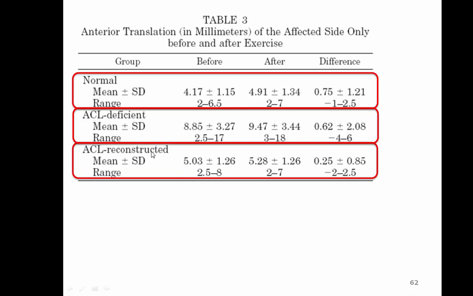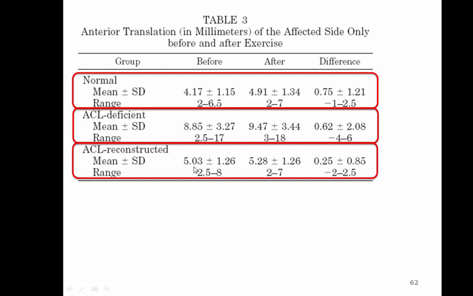For the participants in the ACL reconstructed group, when we compare the ACL deficient pre-exercise with the ACL reconstructed pre-exercise, surgical reconstruction did have a significant effect on restraining the amount of anterior tibial translation, but not quite to the same extent as was reported in the participants with healthy knees. So the reconstruction graft made the knee behave quite a bit more like a pre-injury knee, and certainly much better than an ACL deficient knee.